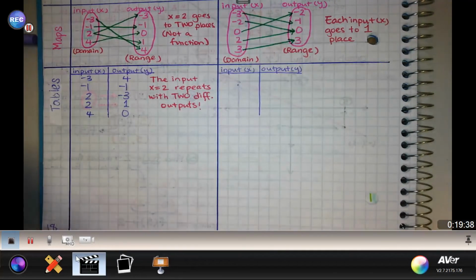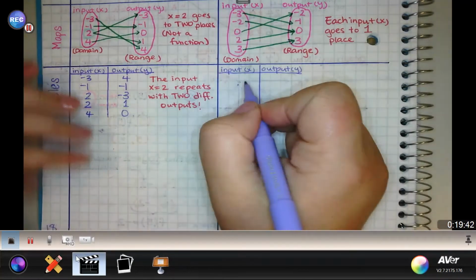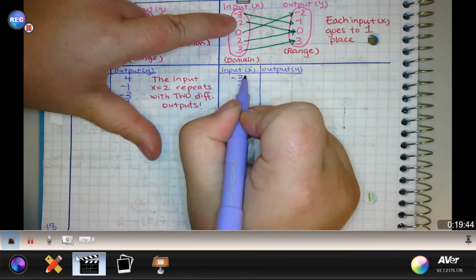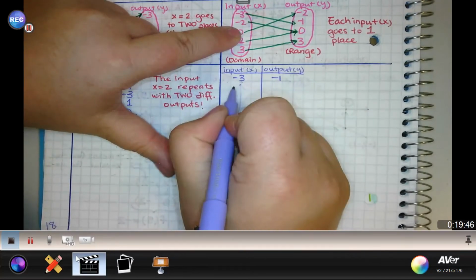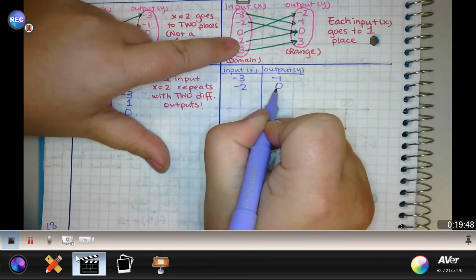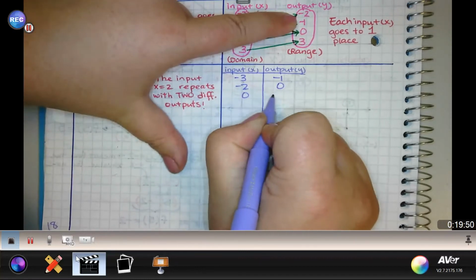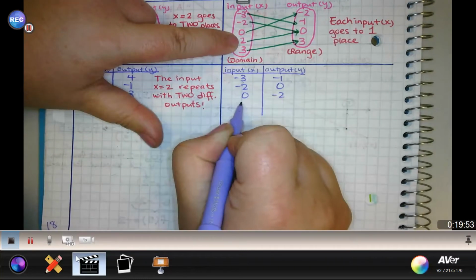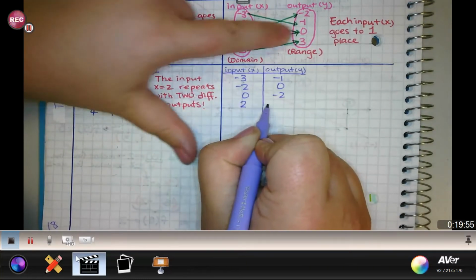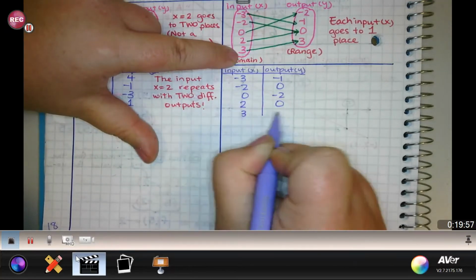Then over here, we'll do this one. So again, we'll start with -3, which goes to -1. -2 goes to 0. 0 goes to -2. 2 goes to 0. And 3 goes to 3.